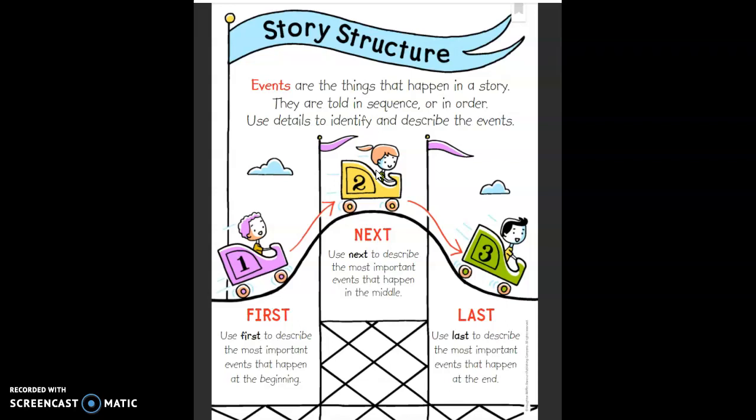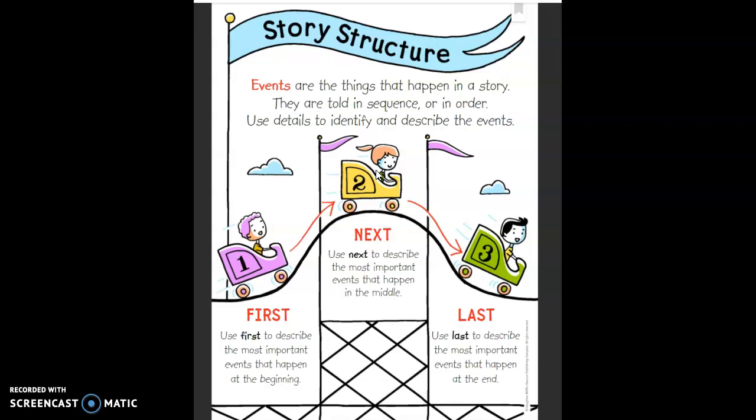So that's how we describe the most important events of a story. So first, next, last. Those are our keywords. So we can also use details in both the text and pictures and the words first, next, and last to identify and describe the most important events of a story. So if someone says, well, first we did this, we know that was super important to the beginning of the story.